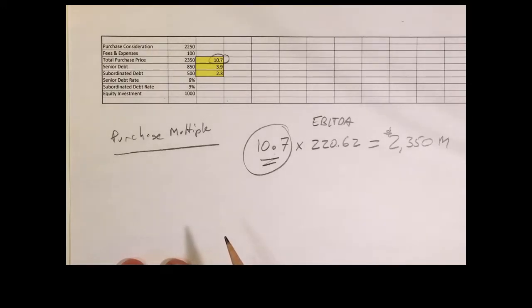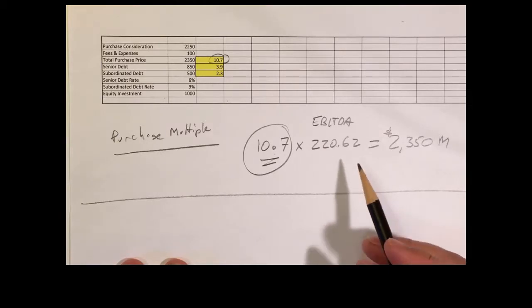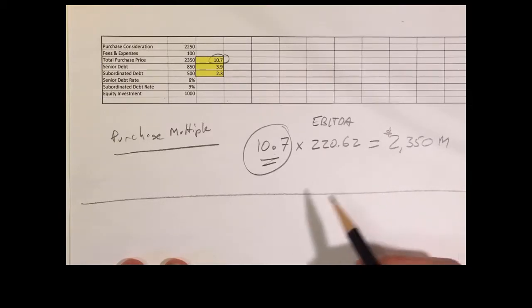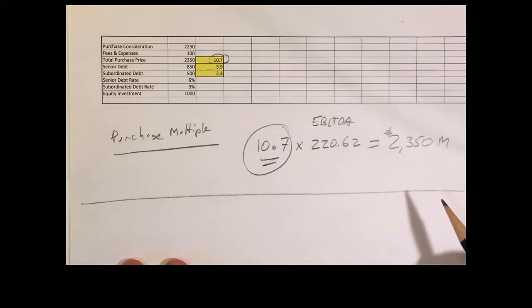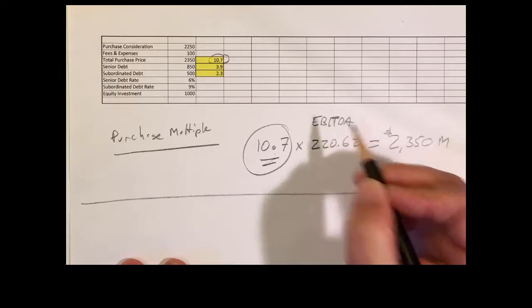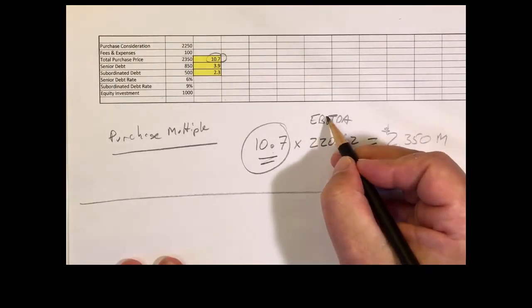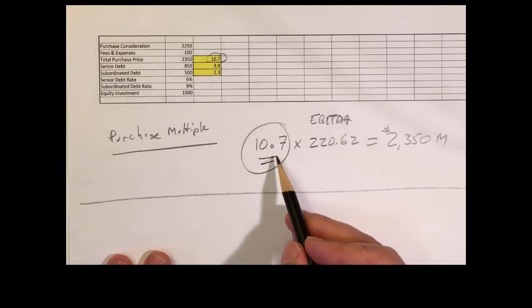Now, why is that significant? I mean, it's just simply a mathematical calculation. But what that number allows us to do is to compare this transaction and the valuation that's implied in this transaction with similar transactions in the marketplace, right? And so when people think about comparing one deal versus the market, if you will, for deals of this kind, one of the statistics they almost always want to know about is, well, what's the entry multiple, the EBITDA multiple, right?